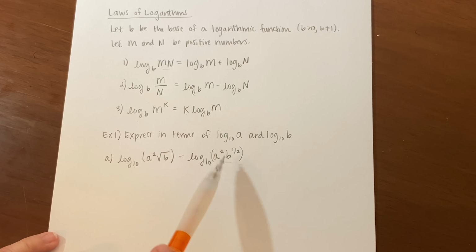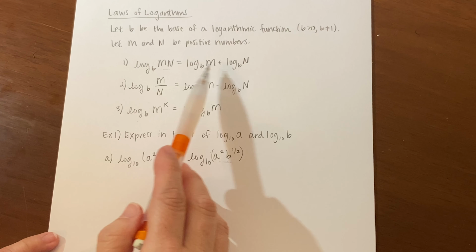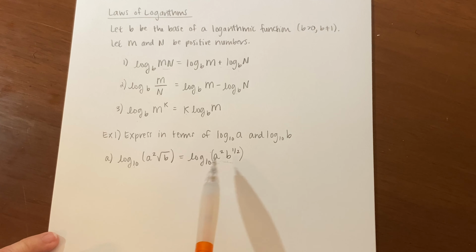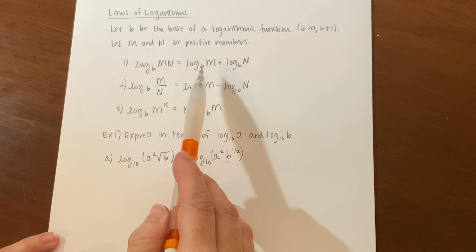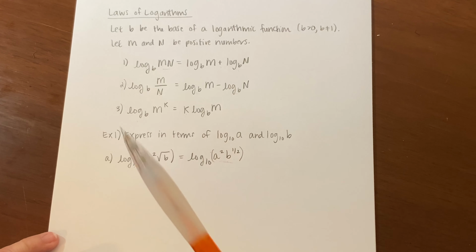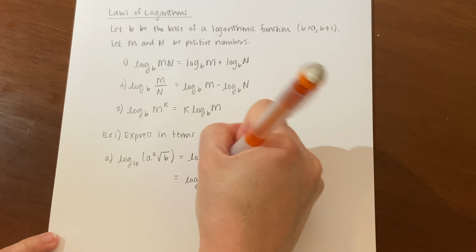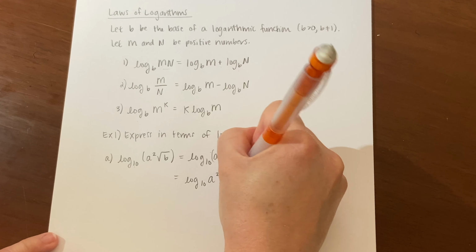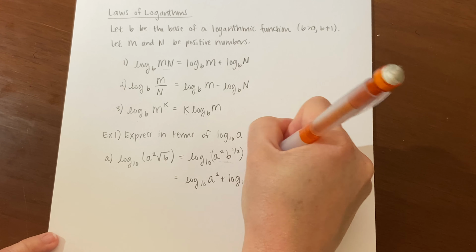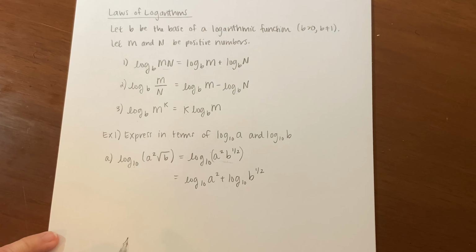So we're using this first law. We're going to expand this multiplication using addition. So I'm going to break this one log down into two separate logs using addition. So this is going to become log base 10 of a squared plus log base 10 of b to the 1/2. So using law 1, product, addition.